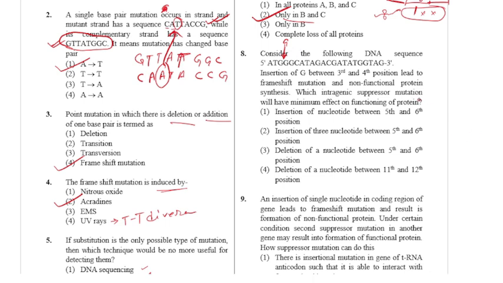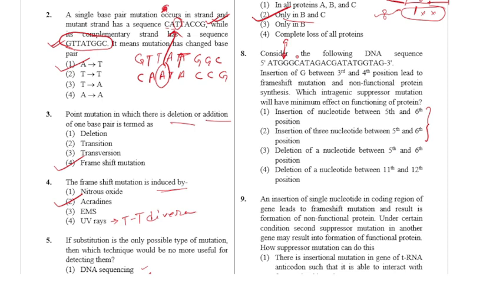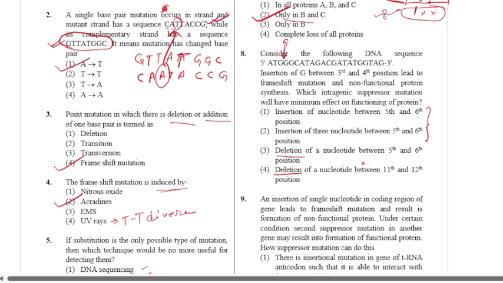Which intragenic suppressor mutation will have the minimum effect on the functioning of the protein? Insertion of a nucleotide between positions 5 and 6. If we insert any nucleotide after we have already inserted one, the frame shift is still there. So we have to delete one nucleotide. That could be options 3 and 4. Let's consider deletion at 5 and 6 and at 11 and 12.